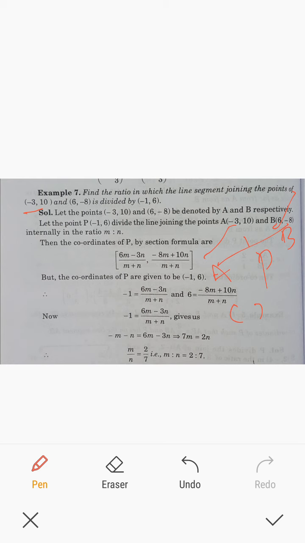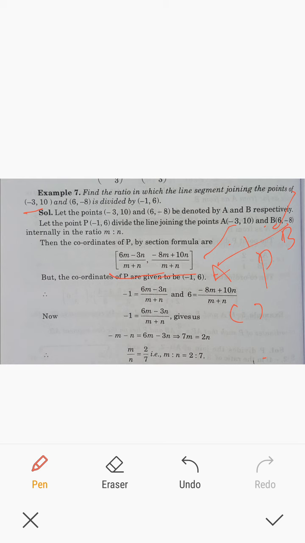So the coordinates of P by the section formula are (m1x2 plus m2x1) divided by (m1 plus m2). Substituting in this formula, or (mx2 plus nx1) by (m plus n) also we can use, children. You practice with m1x2 plus m2x1 by m1 plus m2. Here it is written in m and n itself because the ratio of division is not given to us, we have to find it.